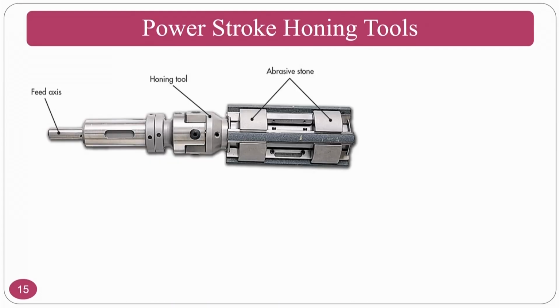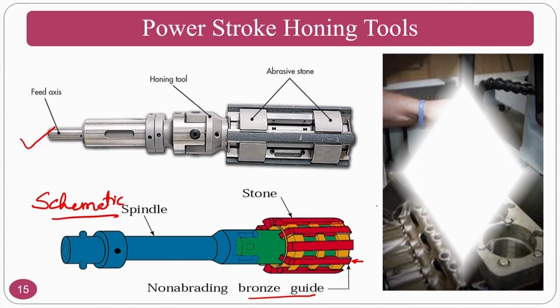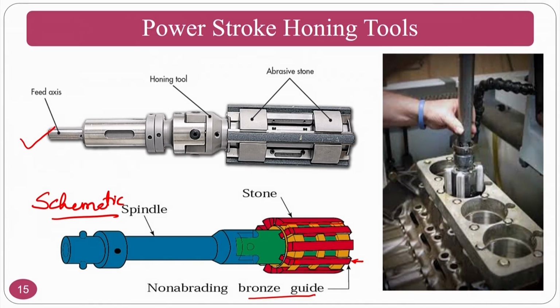So, power stroke honing tools, if you see here, this is how the power stroke honing tool looks like, and this is a schematic. Okay. So, you can see the honing sticks are the stones where abrasives are embedded, and it can be done by commercial machines.